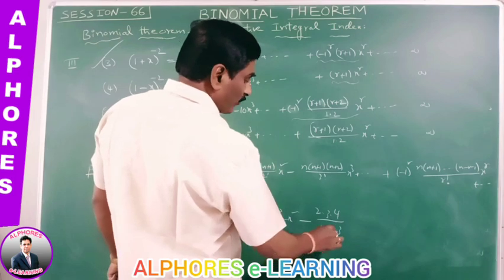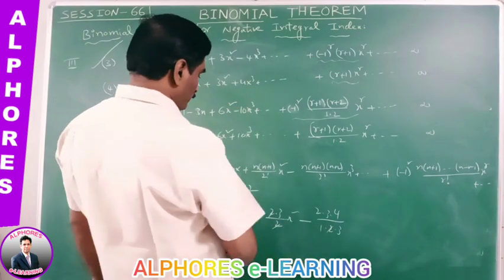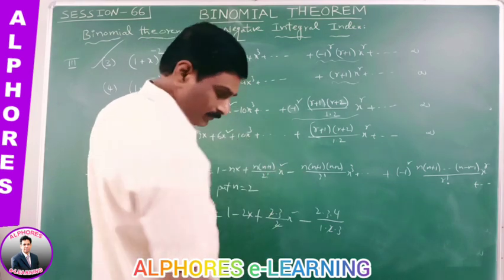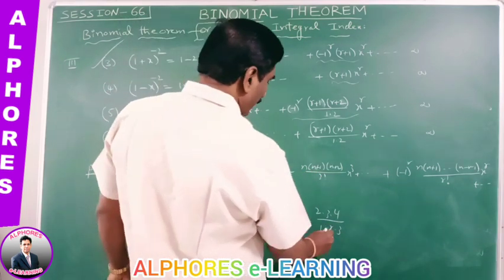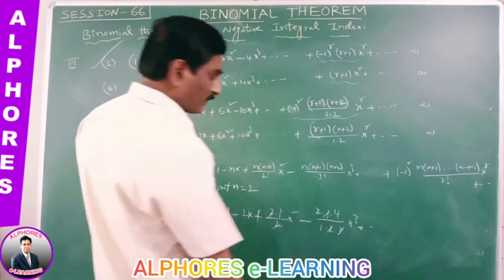Here, what are the cancel values? 2·3·4 by 1·2·3 into x³ plus so on, the 2·3 cancelled.